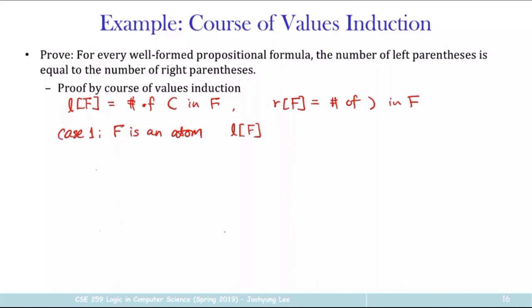When f is an atom, how many left parentheses are in there? 0. There is no parenthesis in an atom. So L of f equals 0. What about R of f? How many right parentheses are in the atom? Also 0.